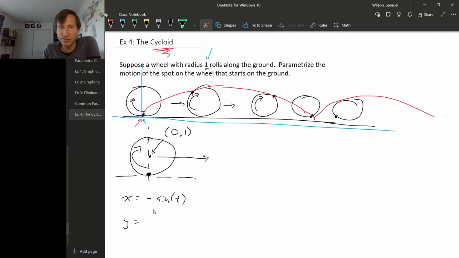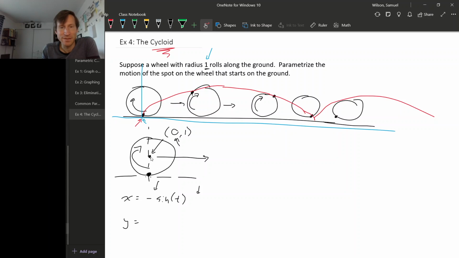And the radius here is 1, so there's a hidden times 1 in there. And also the center of the circle is at +1, so we need a +1 right here. Oh, no, that's in the y direction. In the x direction, the center of the circle is at 0, so we don't need to add anything to the end of our x-coordinate function. Now for our y-coordinate function, our y-coordinate starts at the bottom of a cycle.